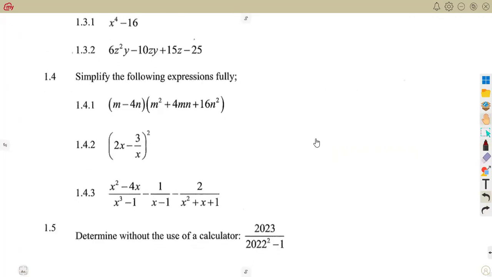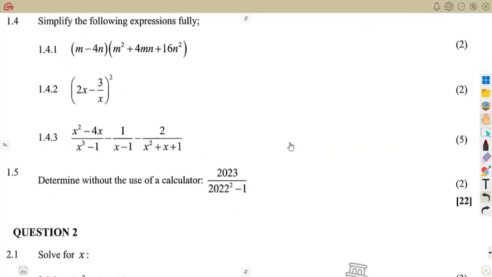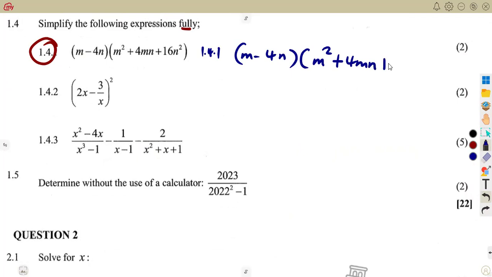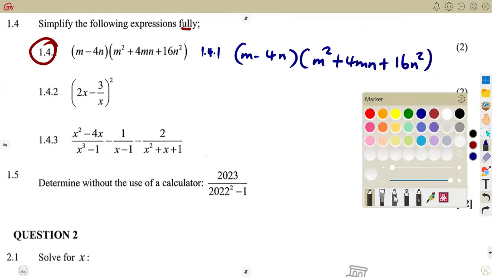Let's see another question. Simplify the following expressions fully. So this one, guys, is just expansion of what? Expansion of brackets. So on 1.41, we are given m minus 4n into the bracket of m squared plus 4mn plus 16n squared, like this. Remember, expansion of brackets.